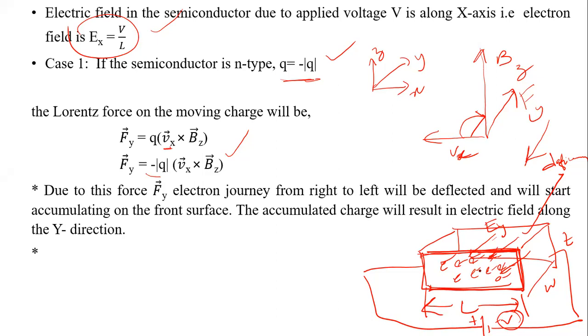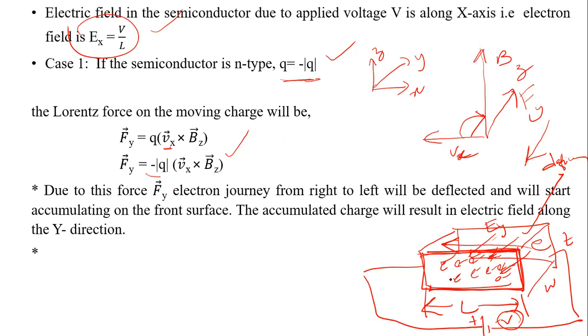So more electronic charges accumulating on the front surface means more negative charge there to repel any further accumulation of electronic charge. After that, instead of deviating and coming to the front surface, the electrons will move in this direction. Initially electrons get deposited on the front surface. Once enough charge is accumulated, an equilibrium will be attained.